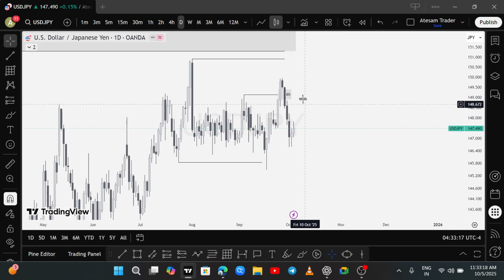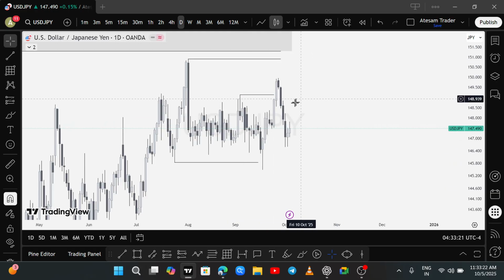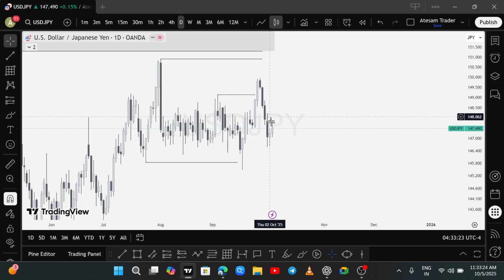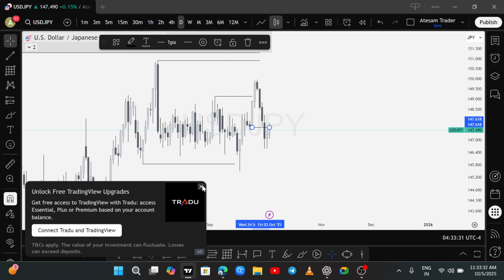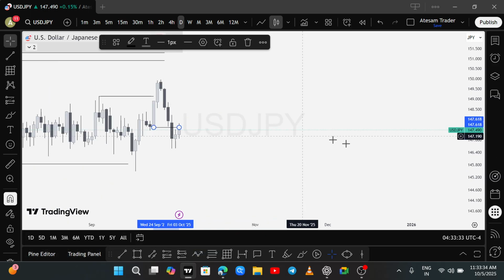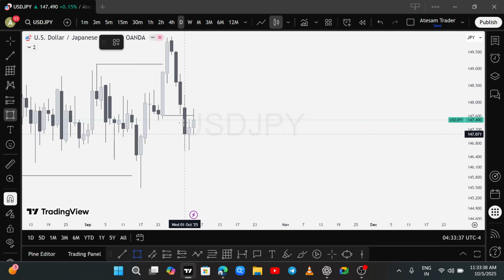Okay. But what happened from the daily? We can see this. If I consider this piece of price action, what do we have? Expansion going to the highs, then expansion coming to the downside, and we close below this consecutive up close candle. This is looking more like a reversal. If this is a reversal, that means price should respect this up close candle, and it is respected here also.